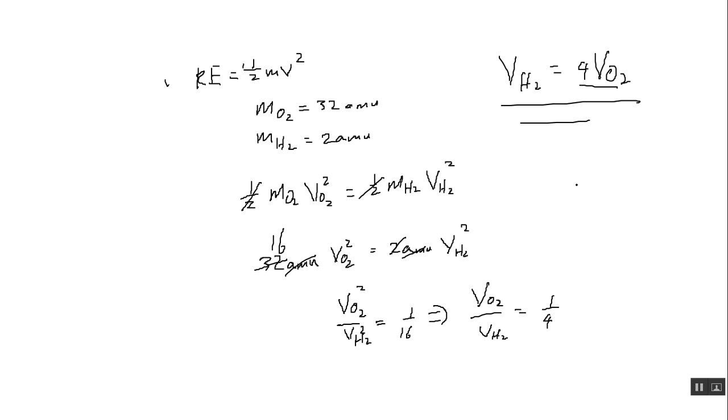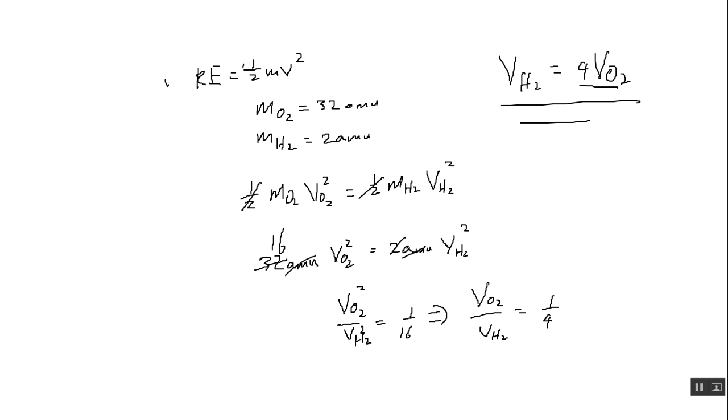All right? And that's in reference, of course, to their molecules. The velocity of the hydrogen molecule will be 4 times faster than the velocity of the oxygen molecules, which makes sense because, after all, hydrogen is a lighter molecule, has a mass of 2 AMU, compared to the oxygen molecule, which has a mass of 32 AMU.